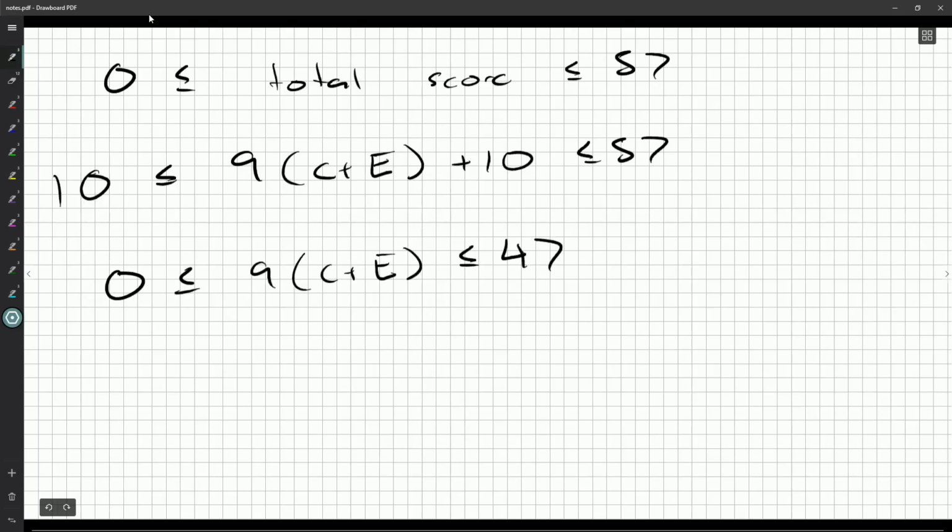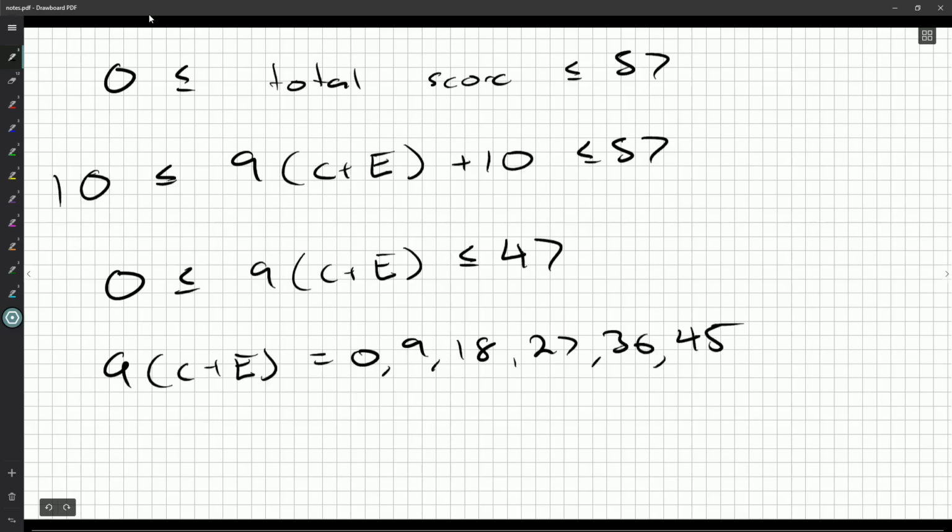So how many multiples of 9 are there in this range? Well, 9 times (C plus E) could be 0, or 9, or 18, or 27, or 36, or 45, and that seems to be it. And that would appear to be 6 times.